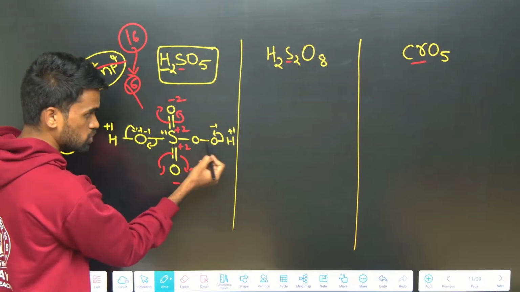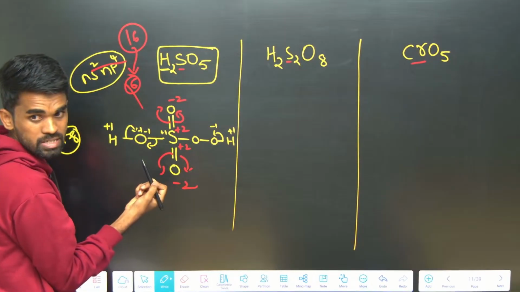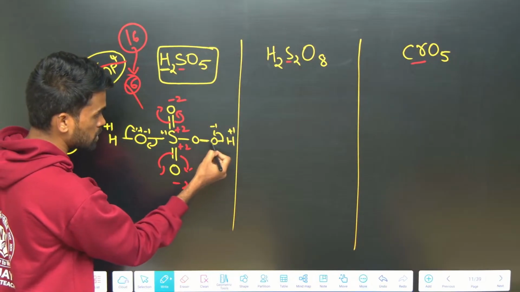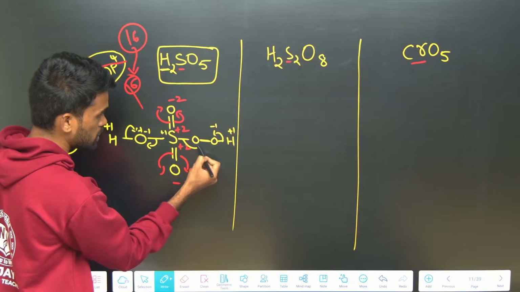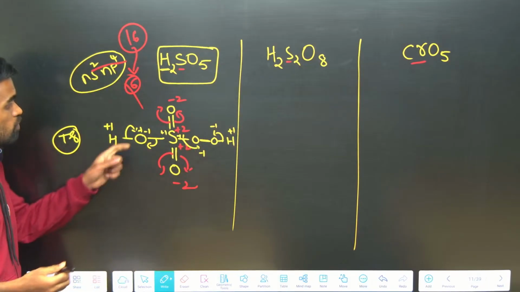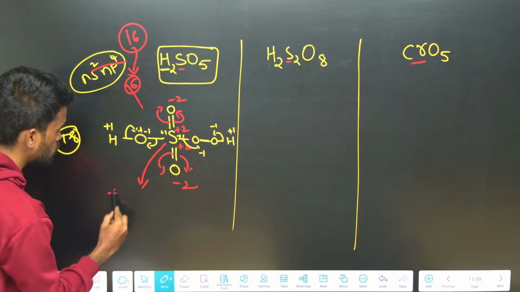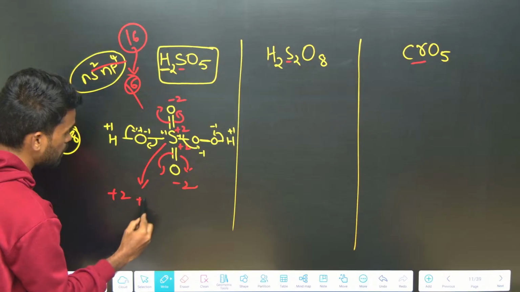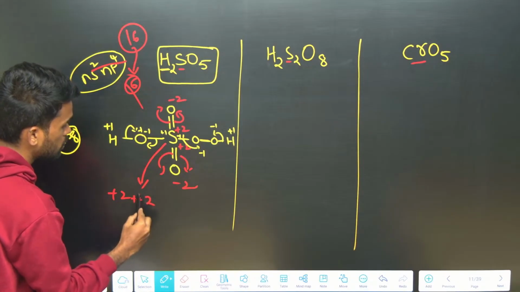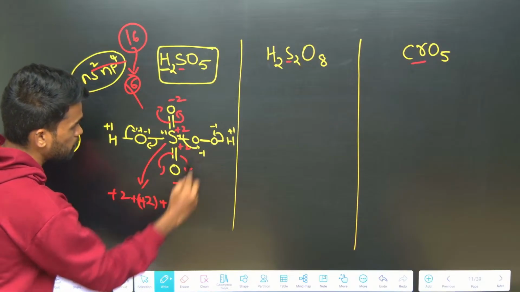Between these 2 oxygens, both are same electronegative elements, so no change in their oxidation states with respect to this peroxy linkage. But with respect to this, oxygen will be -1, sulfur should be +1. Therefore, what is the net charge present on the sulfur? You can just look, +2 from above side and again +2 from below side, and the next +1 from this side and +1 from this side.